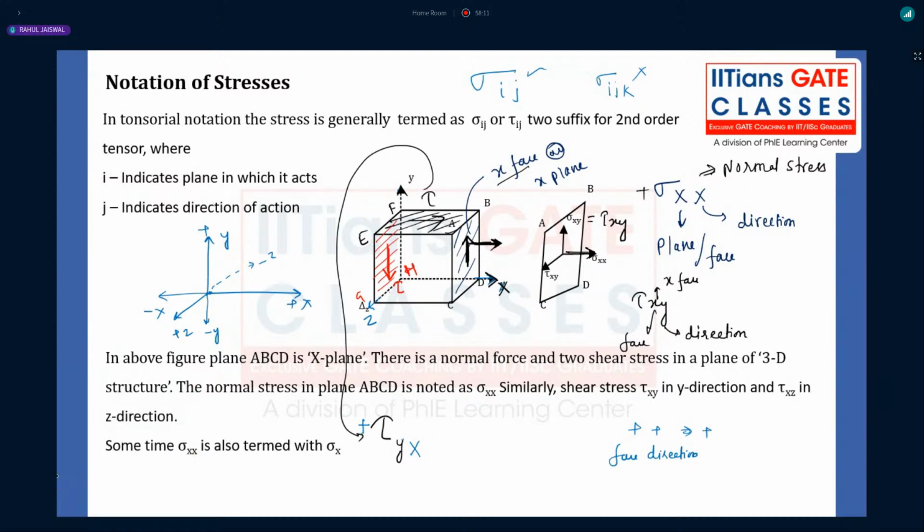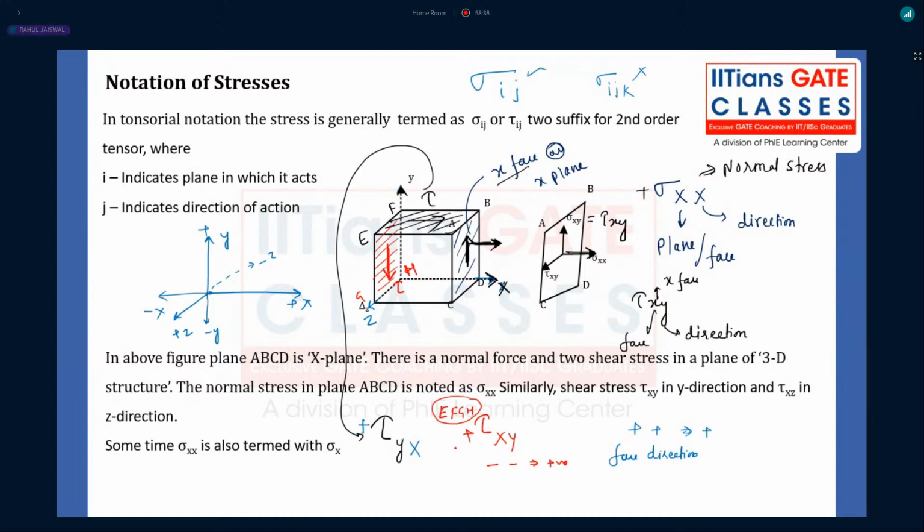Tau, on which phase is it acting? It is acting on a negative x phase. In which direction? Negative y direction. Once again it is positive, negative times negative becomes positive. Getting my point, all of you?